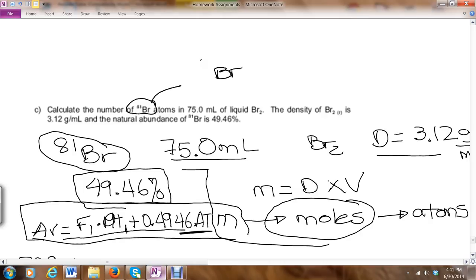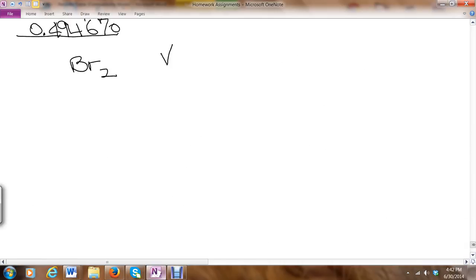You know what I'm going to do to simplify this problem, for you guys who had trouble with this: forget about the 81. What they're asking is, what is the number of atoms in bromine? They're giving you the density, right? So I'm sorry here for the two. It's not a molecule, it's atomic. Normally it's the molecule, but they're asking for the number of atoms of bromine. That's what they're asking.